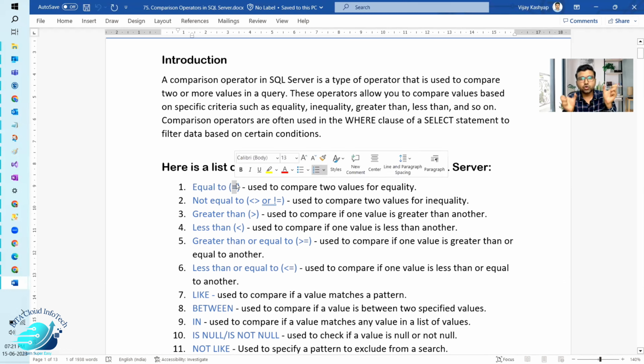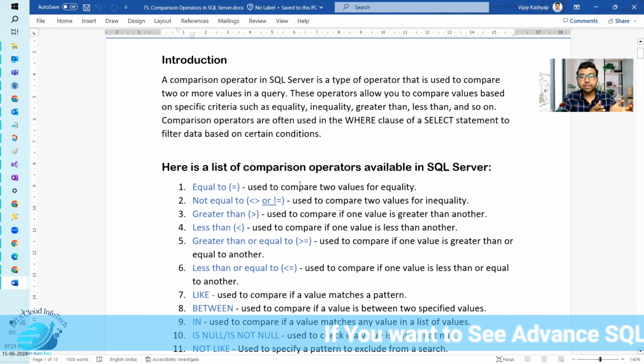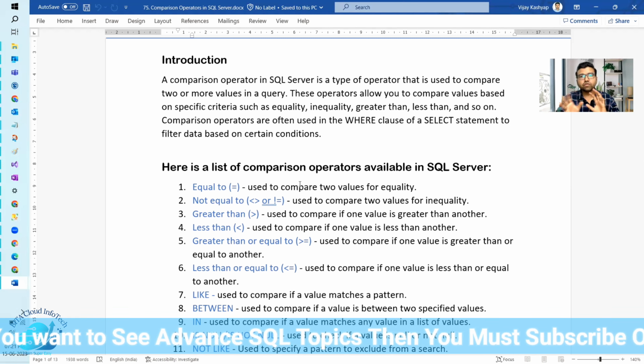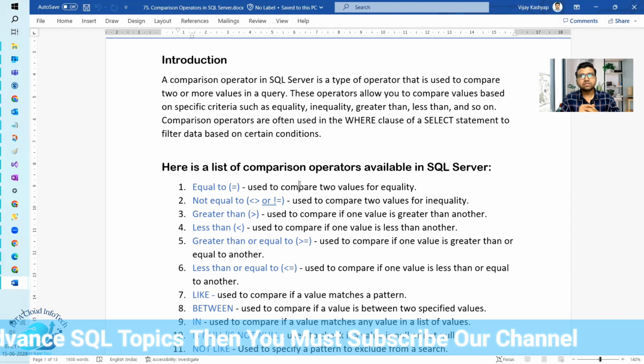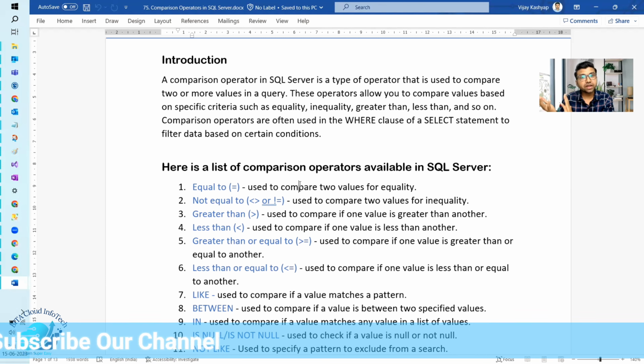Now, the first thing is equal to, which we represent as a mathematical expression to compare two values. It may be a character, a string, an integer, it can be anything. SQL Server knows that you are going to compare one data type against another data type. Sometimes on one side you give varchar and on the other side you give nvarchar.